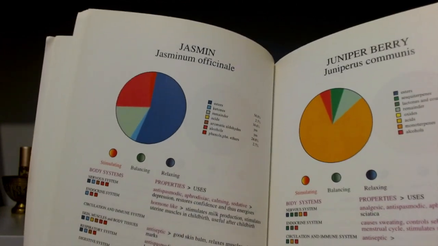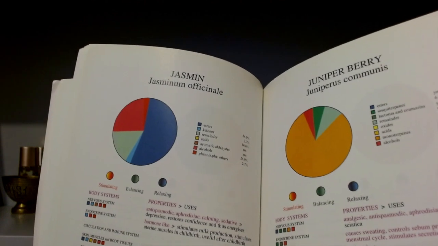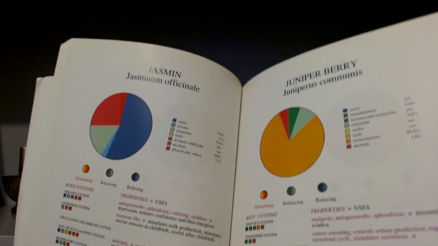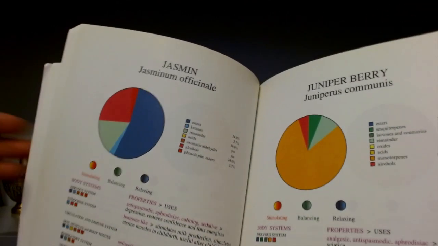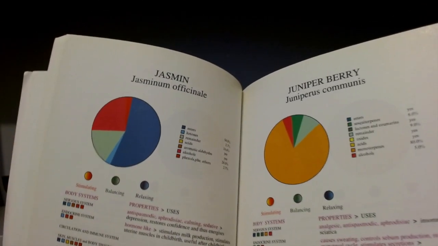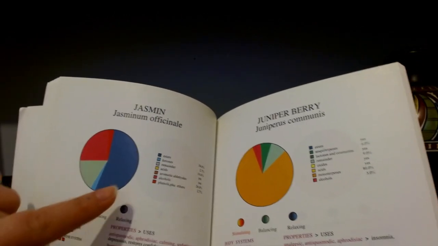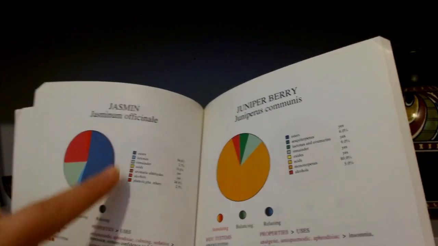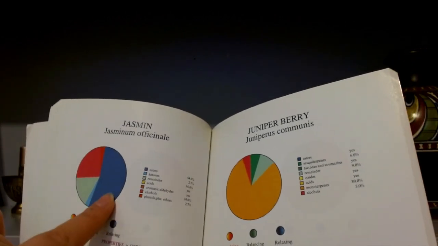And here we go, jasmine. I opened it up to jasmine, and you can see that there's a color wheel, and the color wheel shows what jasmine is made up of. The blue makes up the majority of the wheel, right? And the blue corresponds to esters, which you can't really see very well, but it's on the right there, and it makes up something like 54% of the jasmine flower.